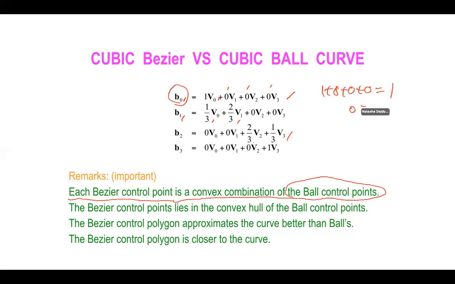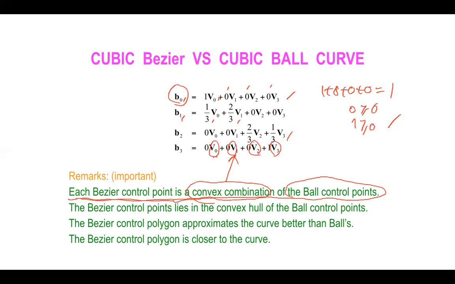And 0 is greater than or equal to 0, one is also greater than or equal to 0. So we can say that this is a convex combination, right? Each Bezier control point is a convex combination of ball control points V0, V1, V2, and V3.